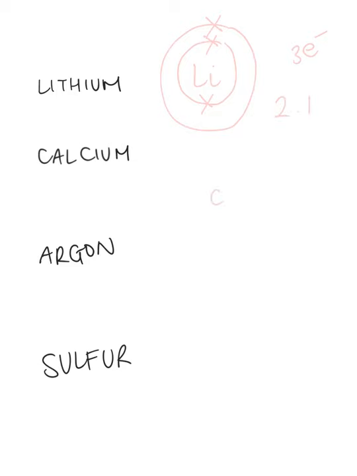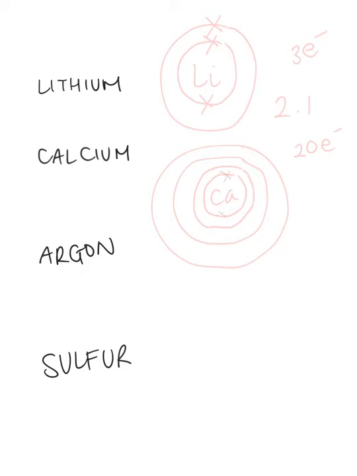Calcium, quite a big one here. Hopefully I've got enough room because it is in the 4th period. So there are 4 shells. Now, in terms of filling these shells, we need to look at the number of electrons. The proton number is 20, so there are 20 electrons as well. We're going to fill the shells going from inside out. First shell is 2.